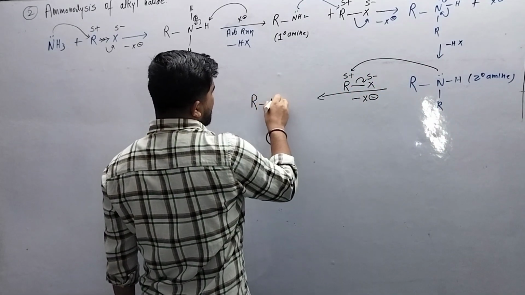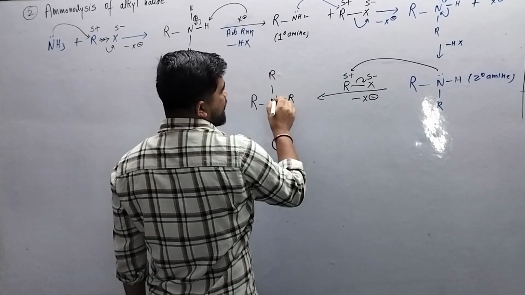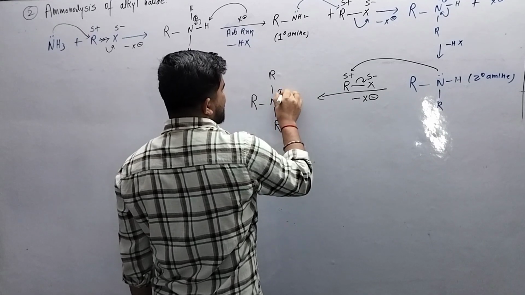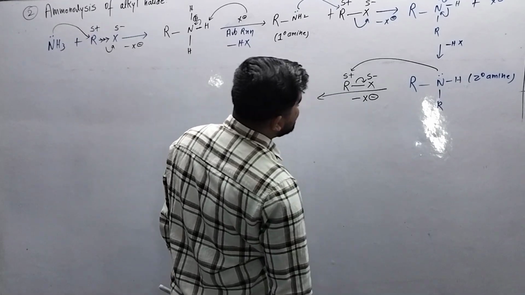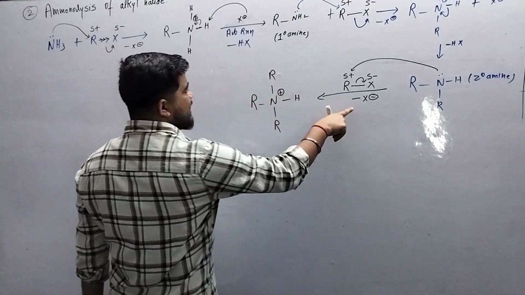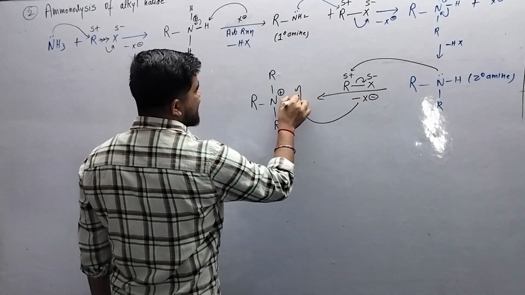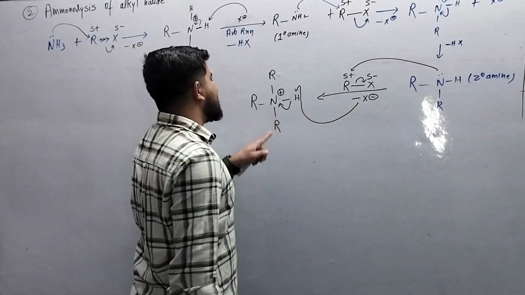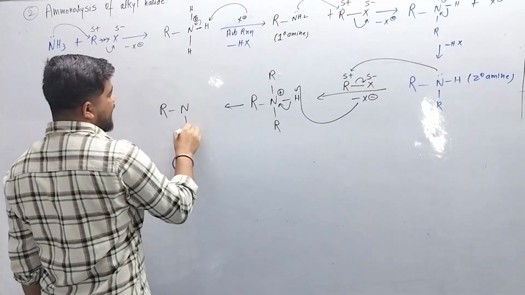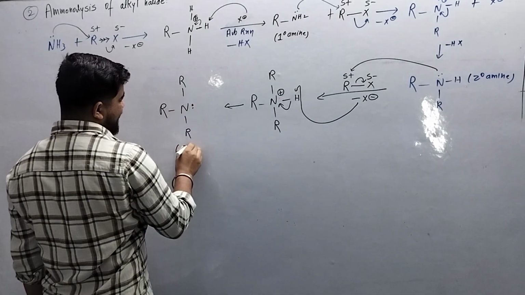That means the product will look like, it's not the final product, R, R, R, and the nitrogen acquires a positive charge. In the next step, X minus again donates an electron pair to H plus, and the shared electrons move towards the nitrogen, and the product will be R, R, R, that is a 3 degree amine.